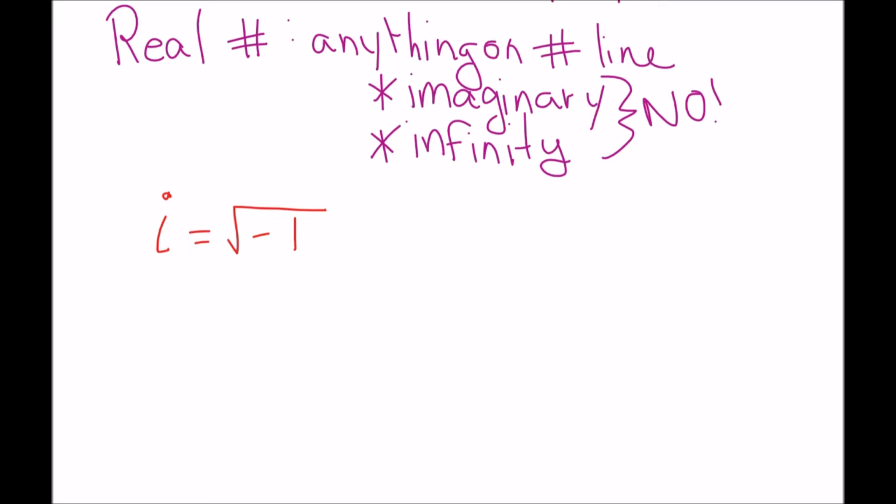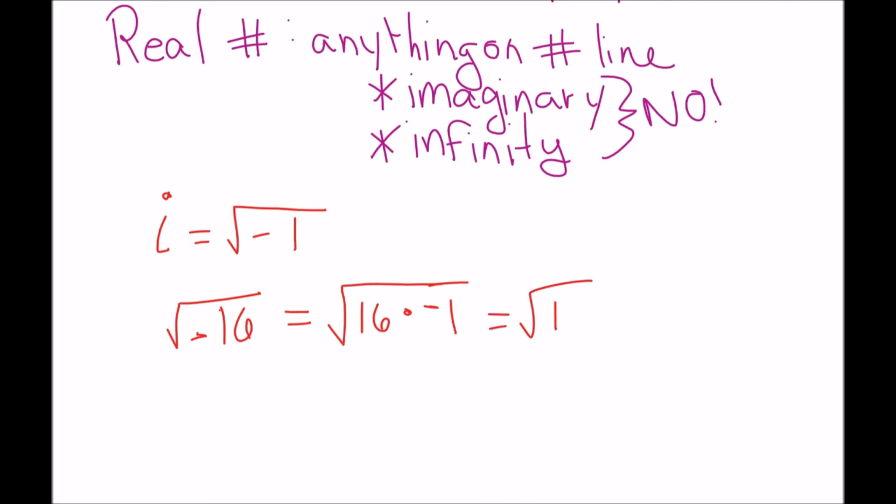So let's say you want to take the square root of -16. Well, before imaginary numbers, you'd say we can't. Well, yes, we can. We can actually say that the square root of -16 equals the square root of 16 times -1. And we know how to break this apart.